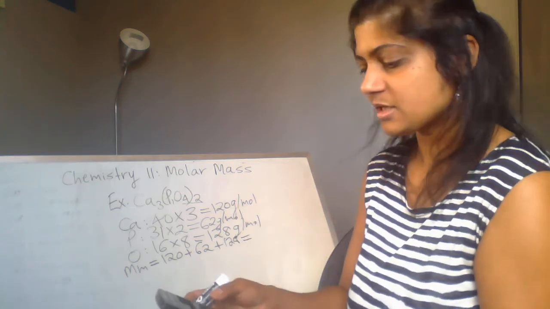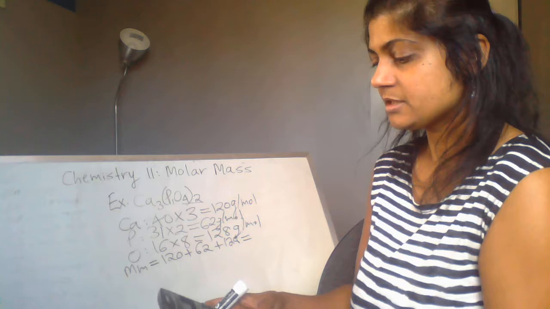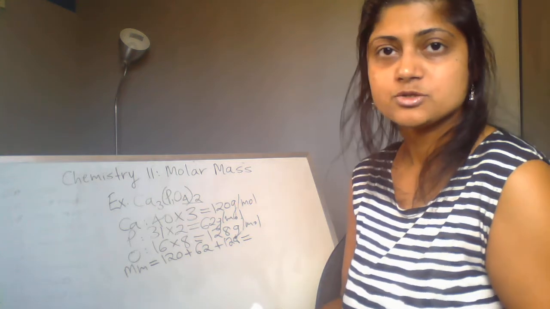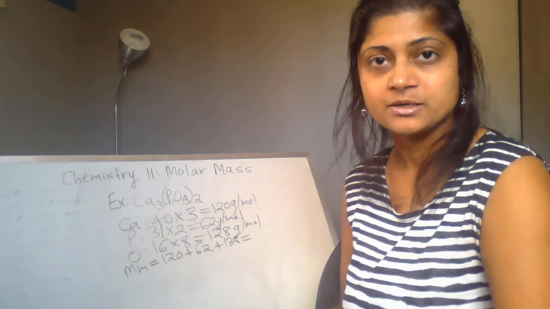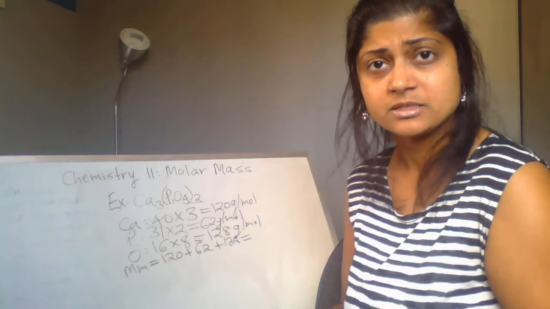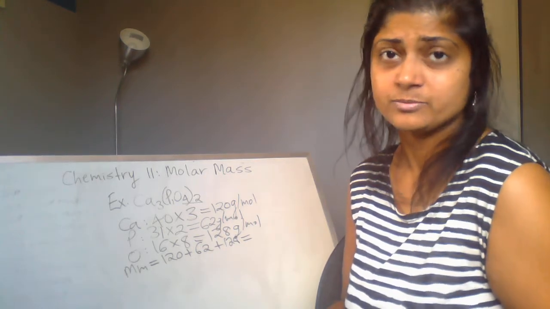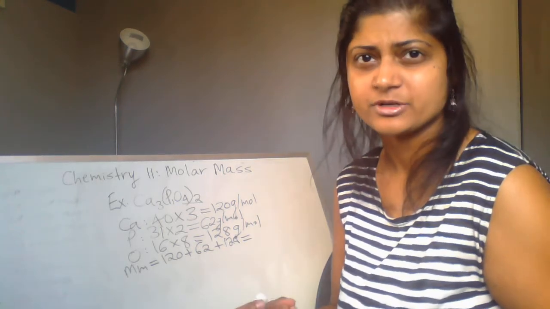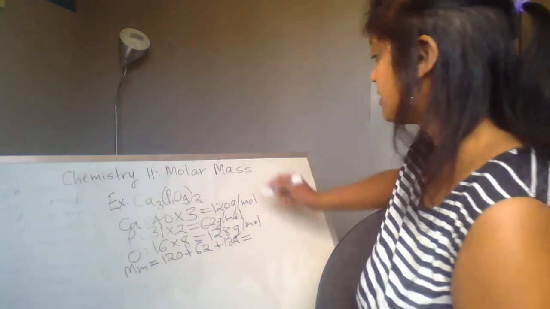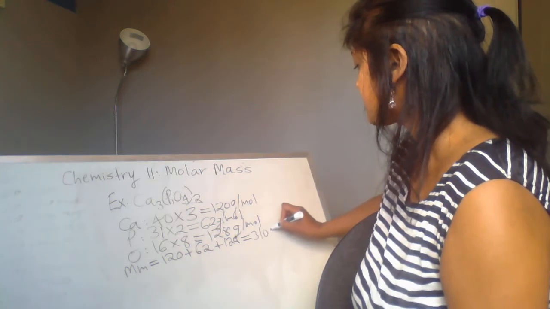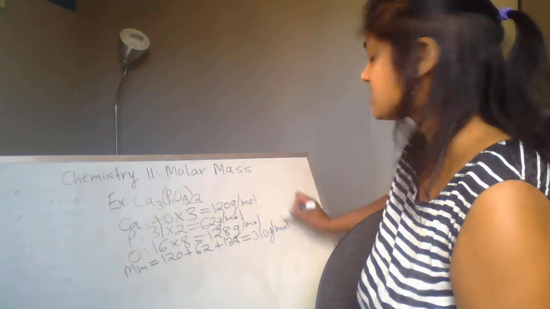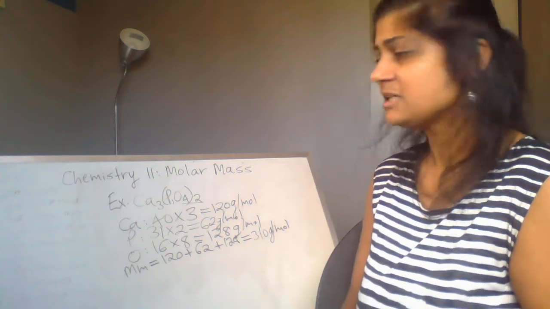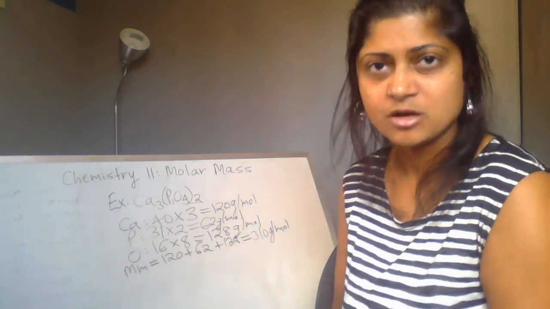You can just put that into your calculator. Again, most teachers do not mind if you round all the numbers in the periodic table for the mass number because it doesn't make a really big difference in your overall answer. All right, so we're getting 310 grams per mole. And so this is the molar mass of this compound.